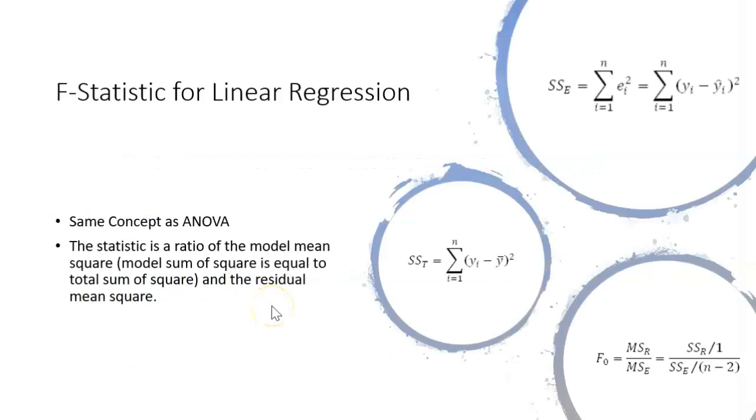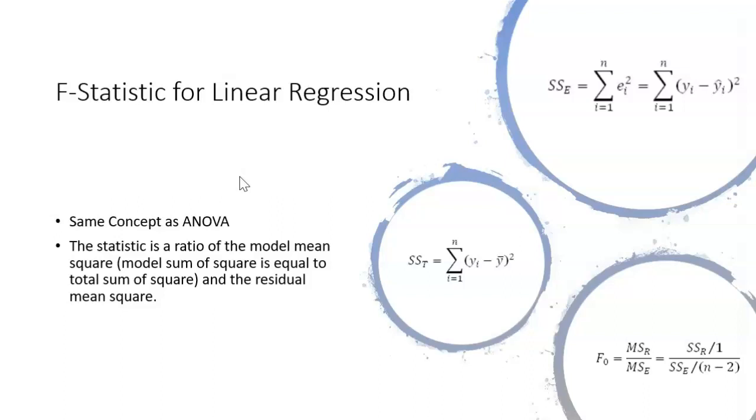So this is drawing from the same sort of F statistic that we saw in ANOVA. And basically the F statistic for linear regression is similar to the concept of the F statistic in ANOVA. It's a ratio of the model mean square and the residual mean square.